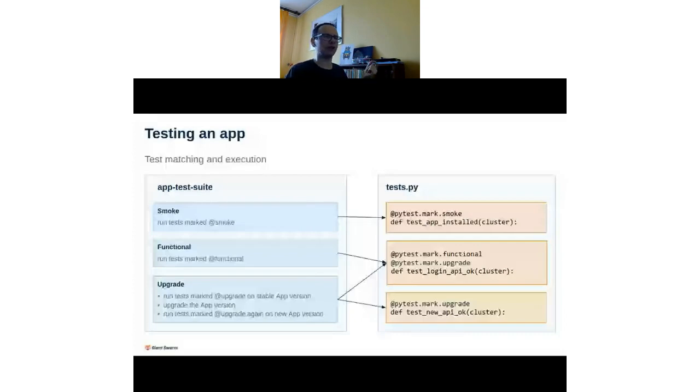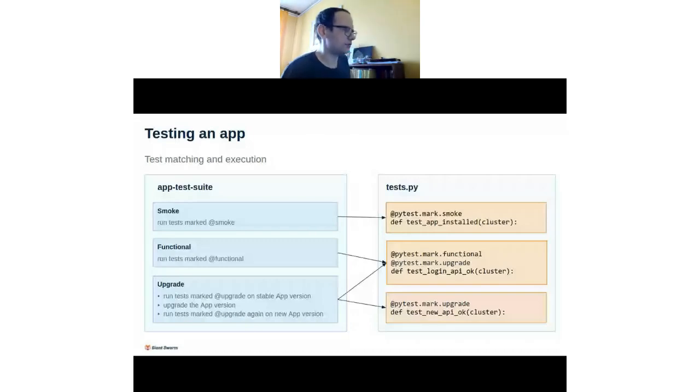Functional meaning your real application is deployed on a real Kubernetes cluster. Let's test the functionality of the app. Does it work? Does it do what it should be doing, right? And the last scenario that we support currently is the upgrade scenario, because upgrading is an important part of a life cycle. We'll get to this later as well.